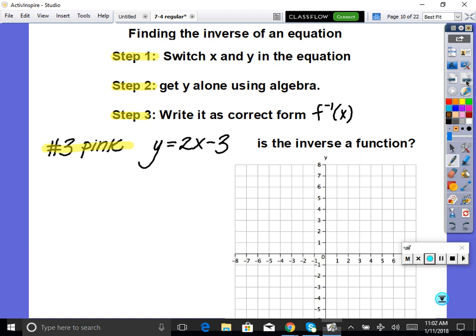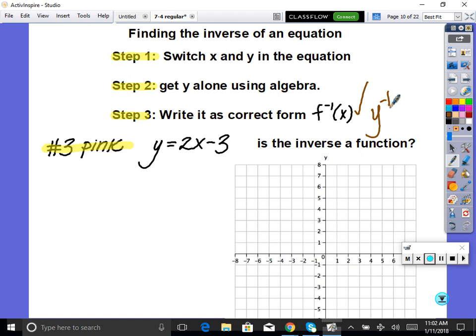So we'll get y alone. Once we've got y alone, we're really done. We just have to write it in the correct format so we can tell the difference between the original function and the inverse. So we'll put it in the correct format, f inverse, or y inverse, however you want to write it. So those are the steps.